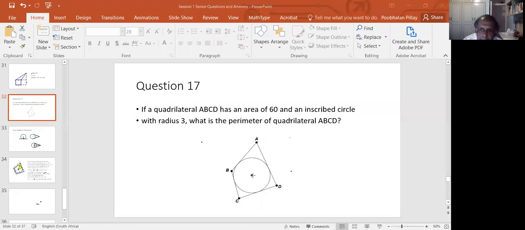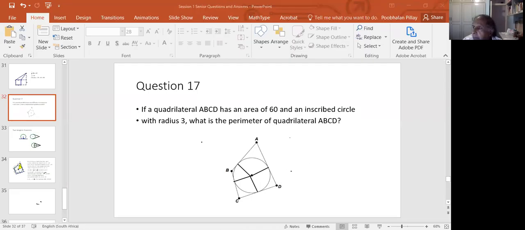So I'm going to join the center to that. Now we know that's perpendicular. And here too. So I'm joining this to the points of contact. Okay. And all these are radii.